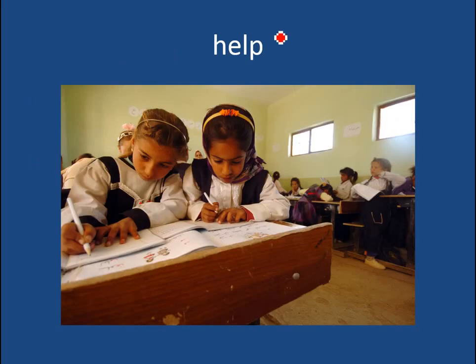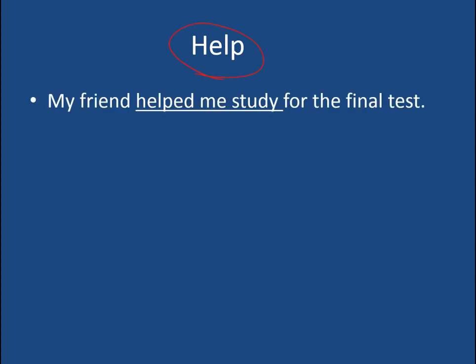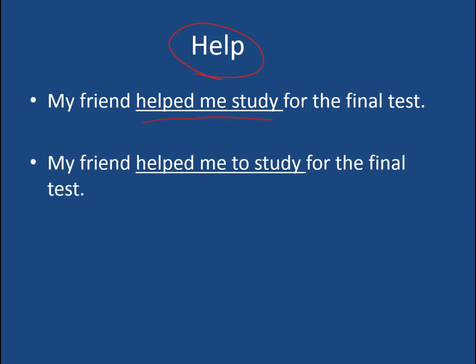Let's talk about the verb help now. You can see these two students working together, and they're helping each other. With help, my friend helped me study for a test. Helped me study. Does that look right? How about this one?